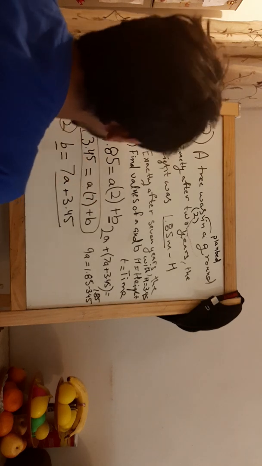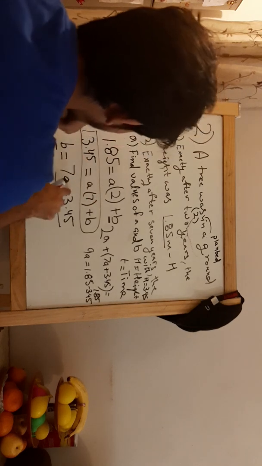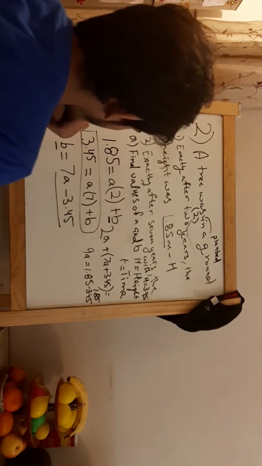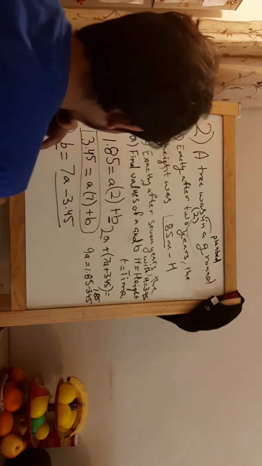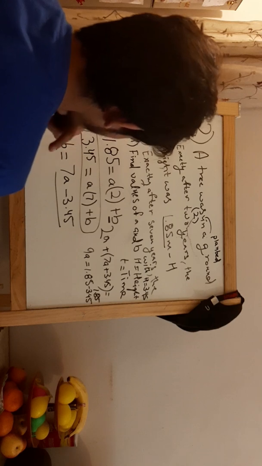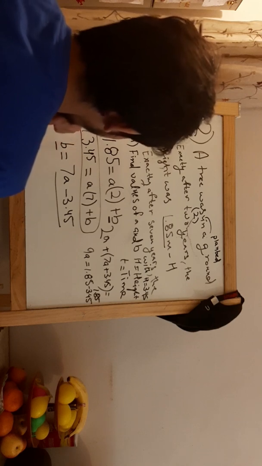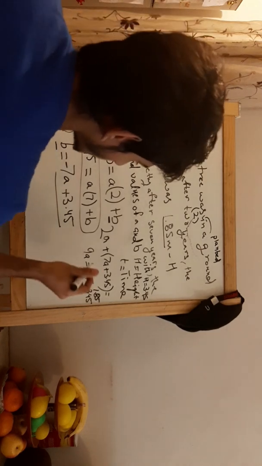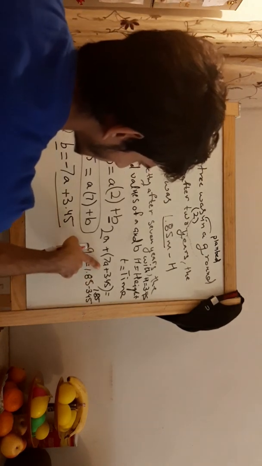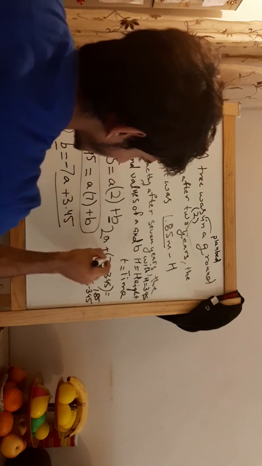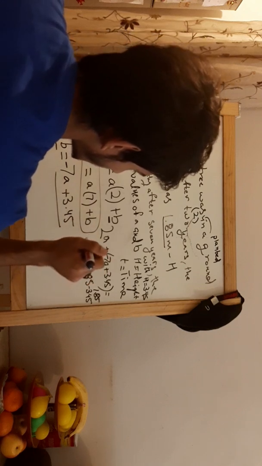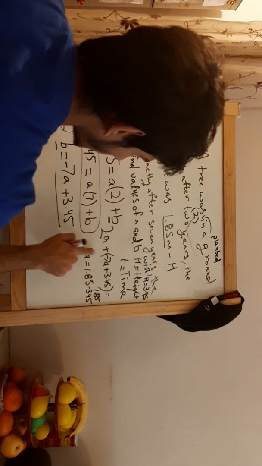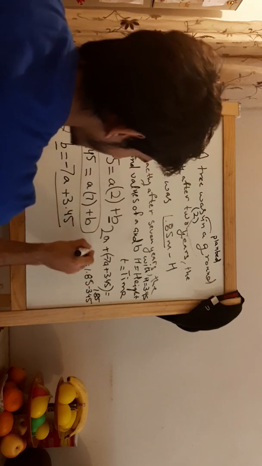Let me check if I've done some mistake. Yeah, I've done it here. Well, this is plus, this is minus 7. So what's the problem? It will be minus 7a. Change this, minus 7a. Minus 5a.